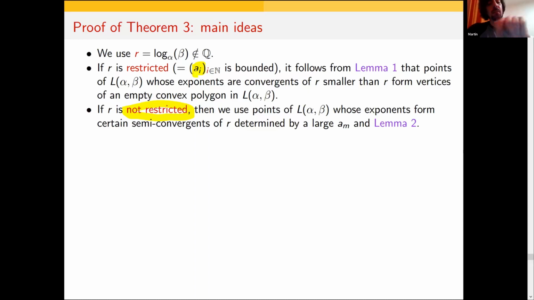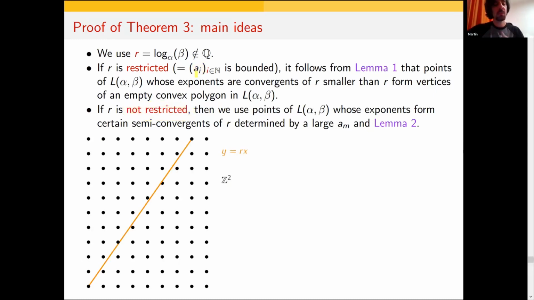And then I will use the same trick as before. So I will define exponents of my points as semi-convergents that are determined by this coefficient a_i. So there is a_i of them. So there is m of them because a_i is larger than m. And this will produce eventually an empty convex polygon of size m based on this Lemma 2.